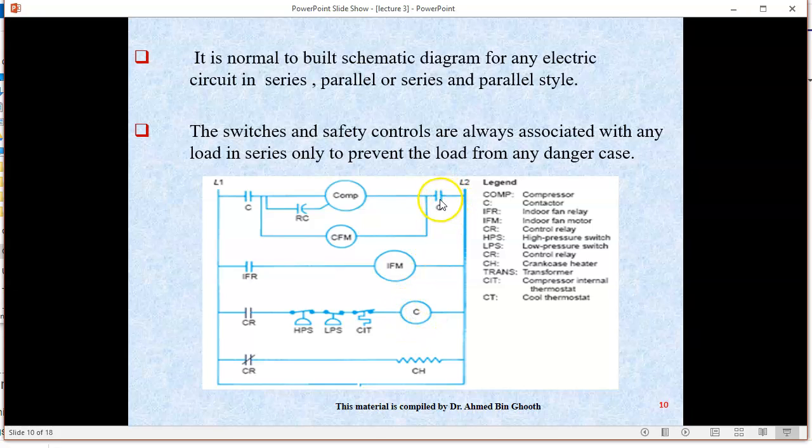This one is normally open, and will become closed. This one, C, closed, this one also C, closed. So when this is energized, this one will be closed, this one also will be closed. And these two closing means that it completes the line above and the compressor will run.